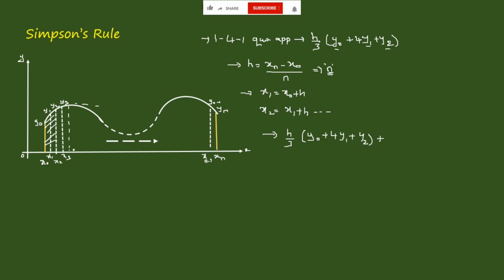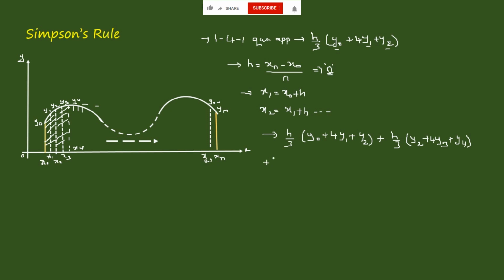Because this one is x4, this is y4, again we find it for the next three terms. Then the formula is h by 3 into y2 plus 4 times y3 plus y4. Again we consider the next three terms and find the area of it.